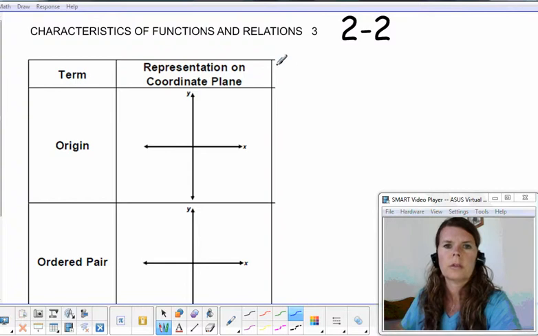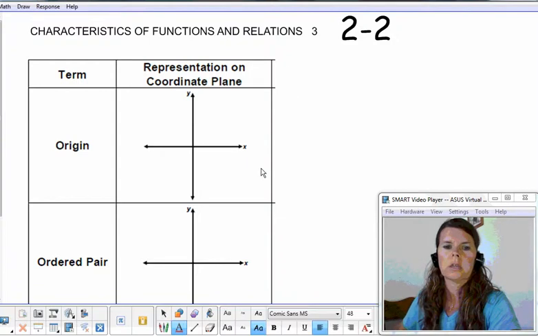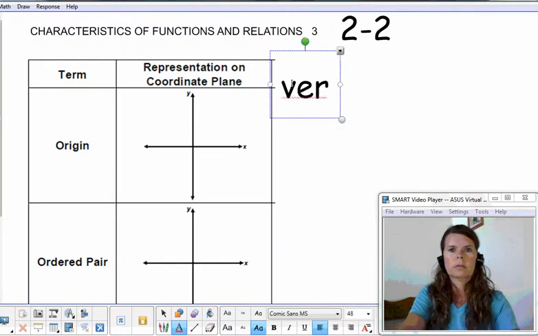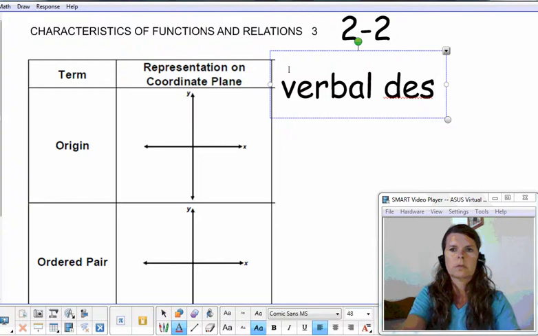So what I want you to do is right here in your notes, you have a coordinate plane. You have to draw on here what the origin is. Somehow show me here what the origin is. And then over here, write in a verbal description.